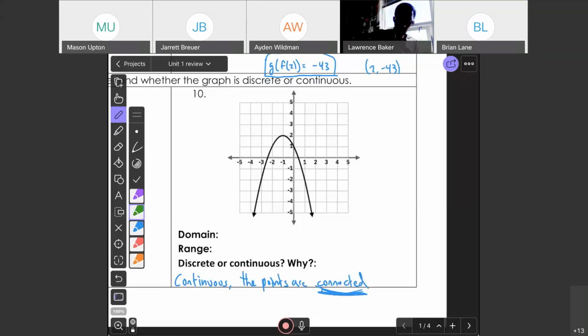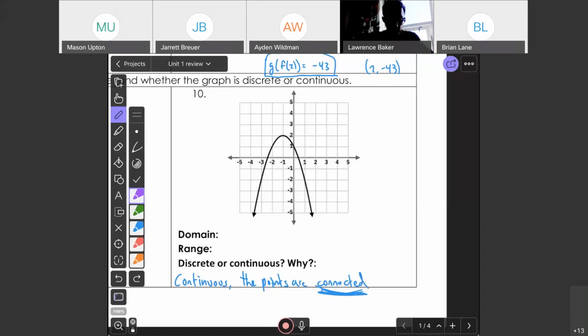So when we're thinking about domain, what two words should be popping in our head? Leftist to rightist.